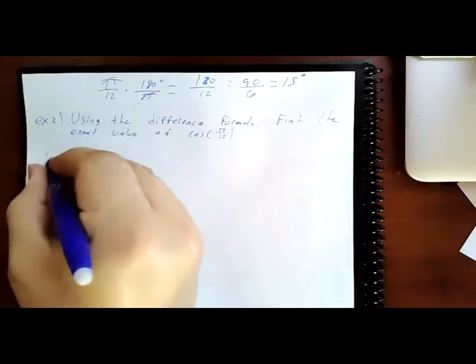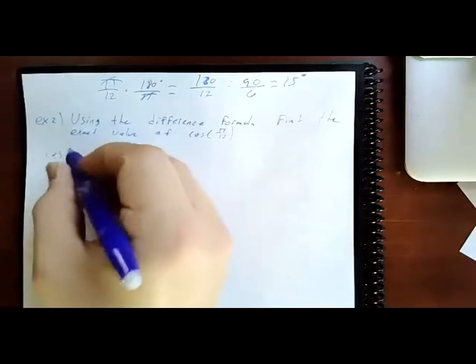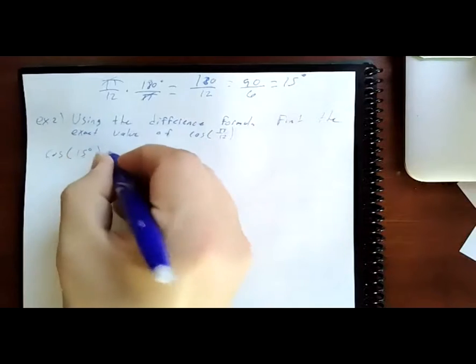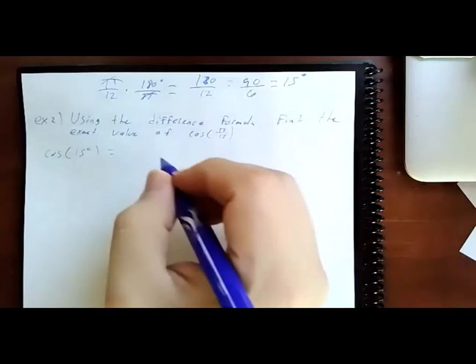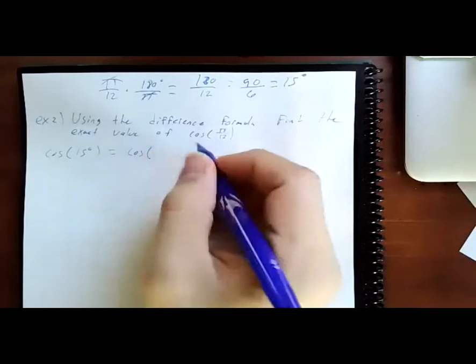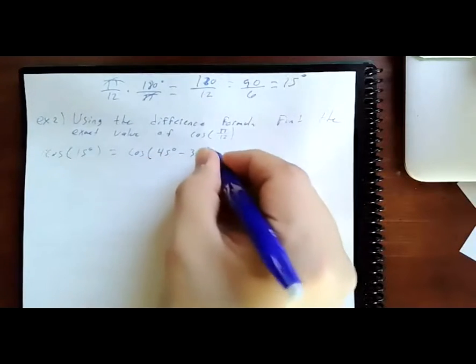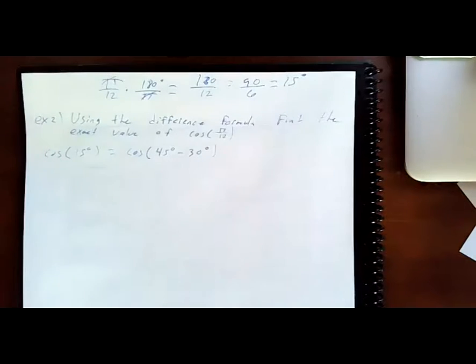So what we can do, basically, so you know what? I don't want to deal with this radian stuff. I'm going to use 15 degrees. So I could use cosine of, let's see here, 45 degrees minus 30 degrees, right? See what I mean?